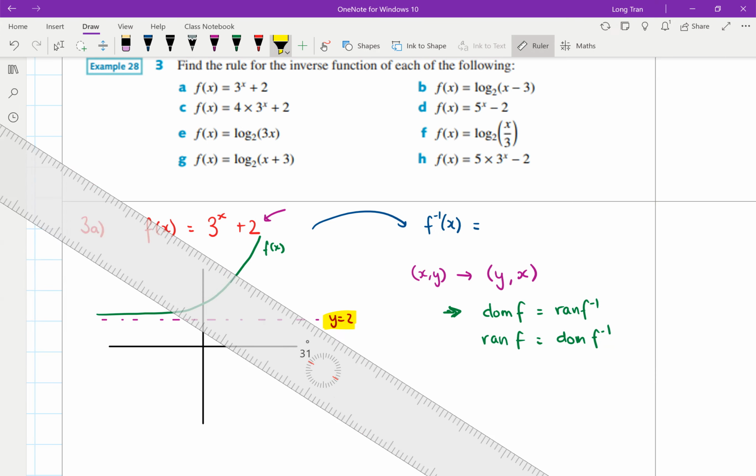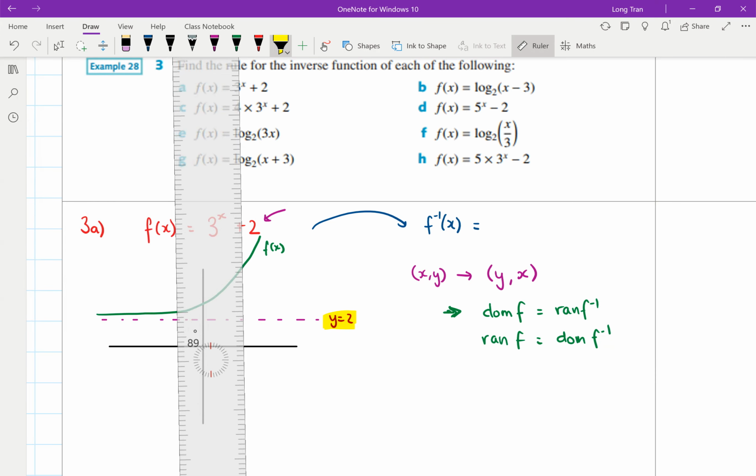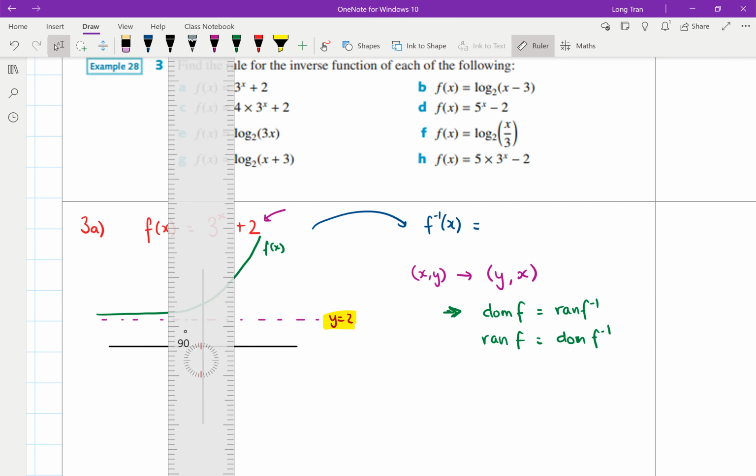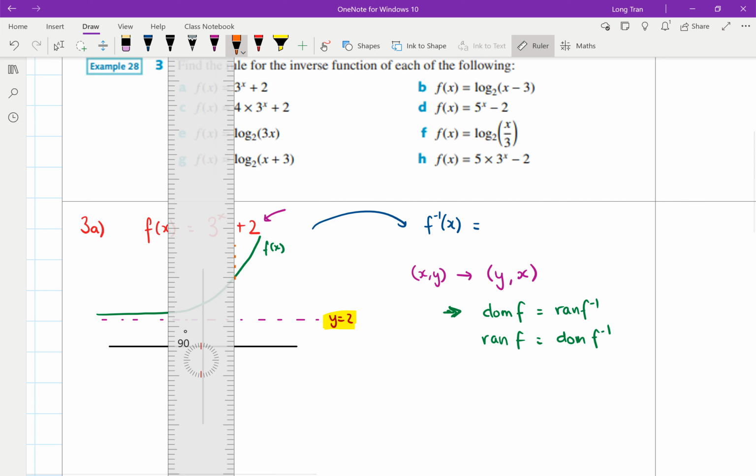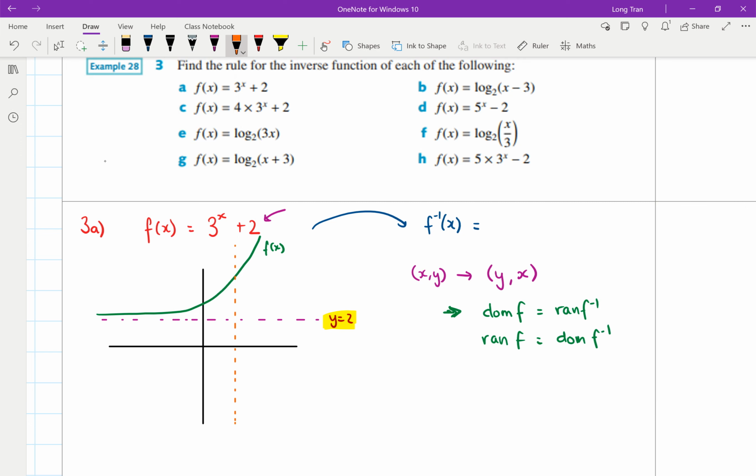I'm going to draw x equals 2 here, about here, just to keep it quite symmetrical. I'm going to use another color, orange. This is my new one where it's x equals 2. So that's the asymptote for the inverse function. I don't even know the inverse equation yet.